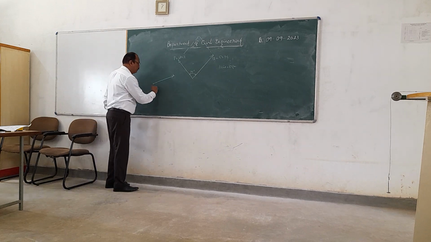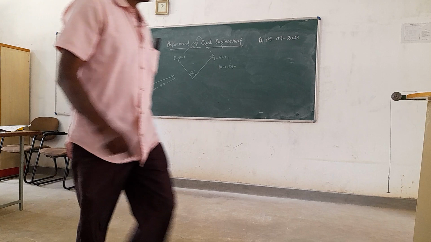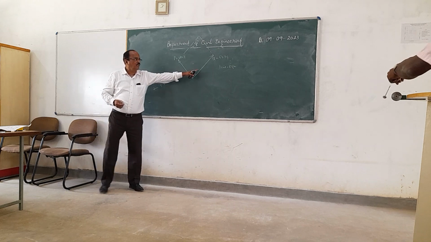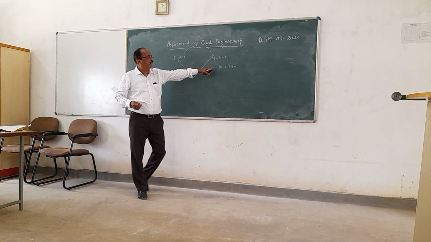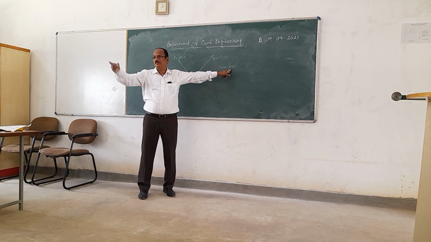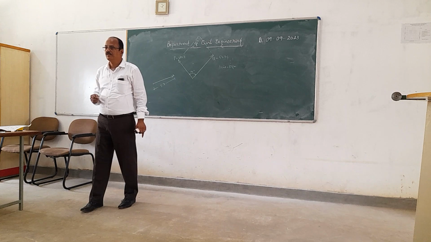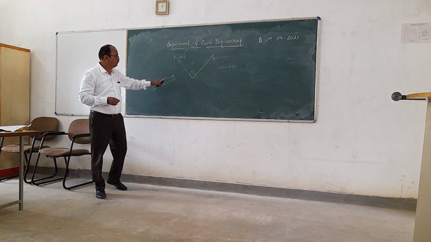This will be equal to 5.7 units. Mark the scale. 1 unit represents 10 grams. Therefore 50.74 represents how much? 5.7 units.